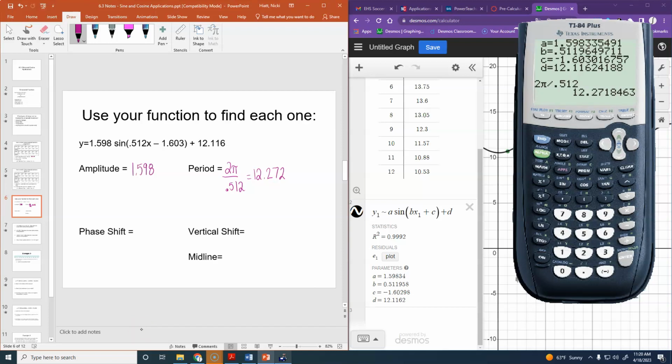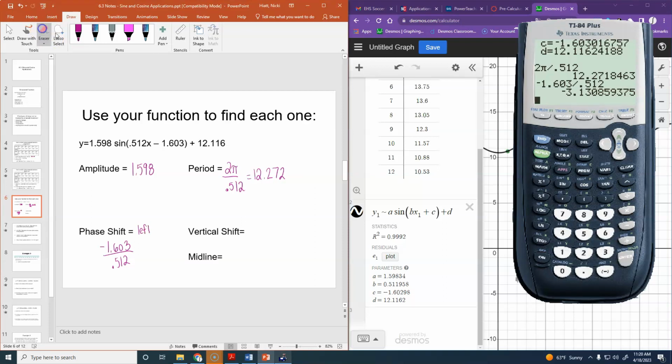Phase shift is going to be negative 1.603, our C value, divided by 0.512. So negative 1.603 divided by 0.512 is going to give us negative 3.131. Or I'm going to say left.